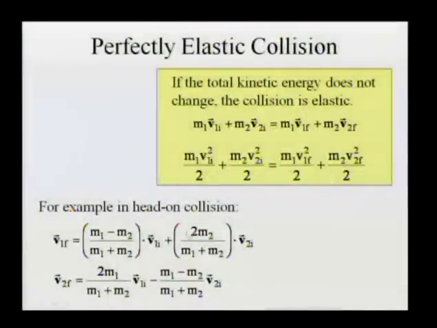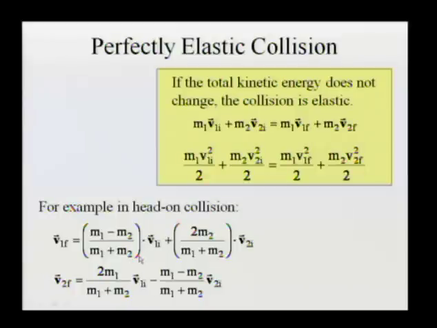Let's analyze a simple case, the head-on collision. Initial velocities are along the same line and final velocities are along the same line. So we can find out what will be the value of the velocities of the two colliding objects after the collision if we knew the velocities before the collision.